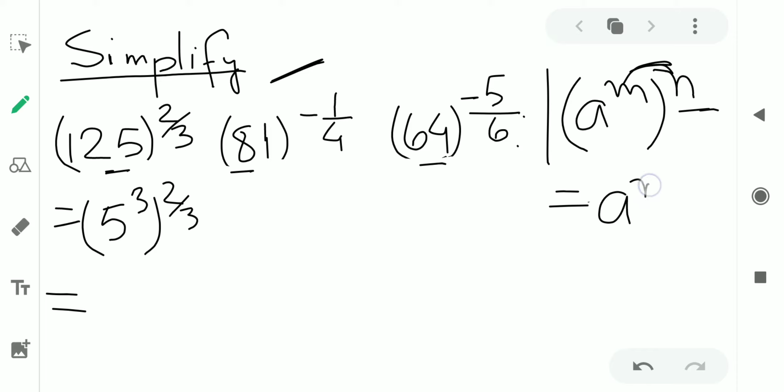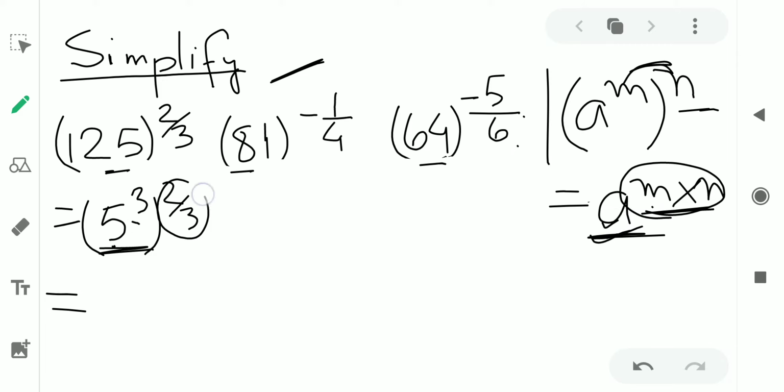That means here it will be m into n. But this m into n is the power, because a is the base and m into n is the power. So if you compare this formula here, this 5 is a, and this 3 is m, and this 2 by 3 is n.